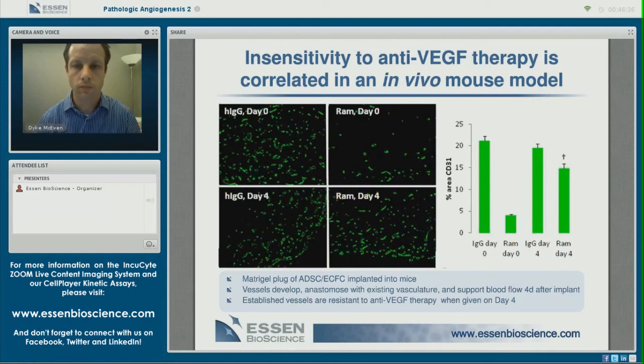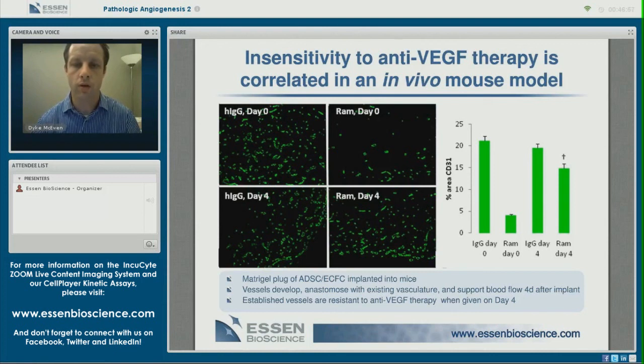So what happened when we introduced ramucirumab in this model? Well, if we introduce ramucirumab at the day of implantation and inject the mice with the anti-VEGF receptor antibody, we see almost a complete inhibition of the ability of these cells to develop into vasculature.